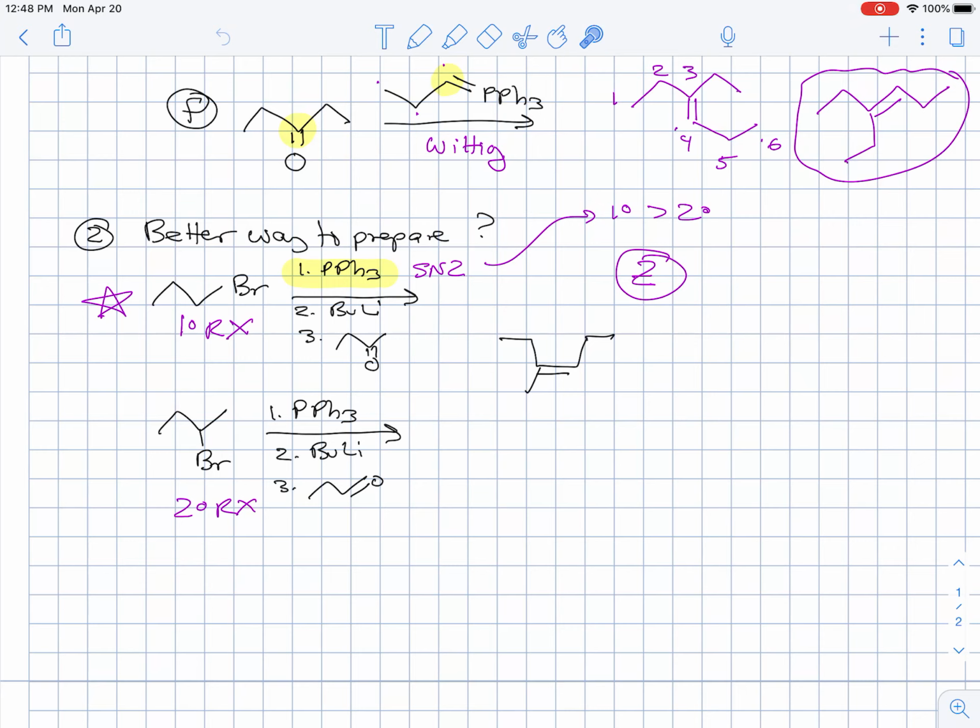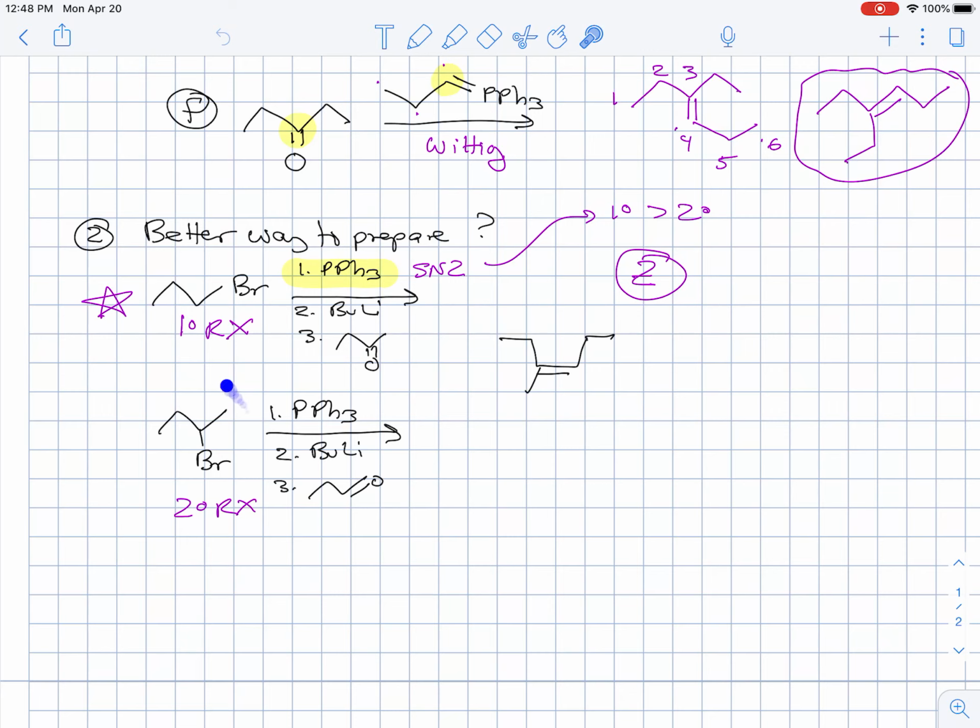And so our choices are that we can take a primary alkyl halide and do this SN2 reaction to attach the phosphorus displaces the bromide, and then remove proton with butyl lithium and then add our ketone.